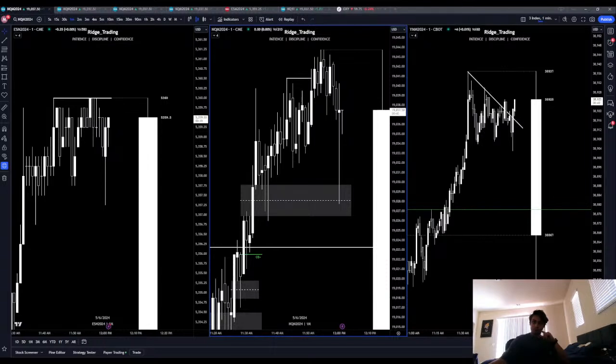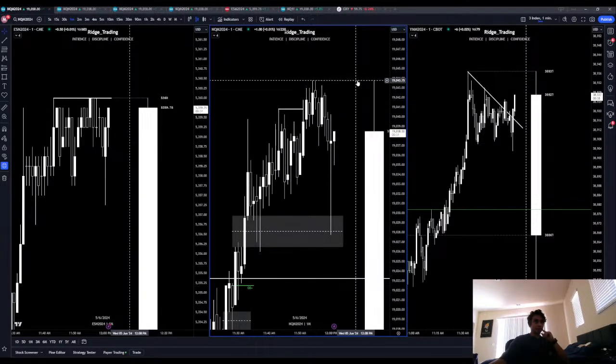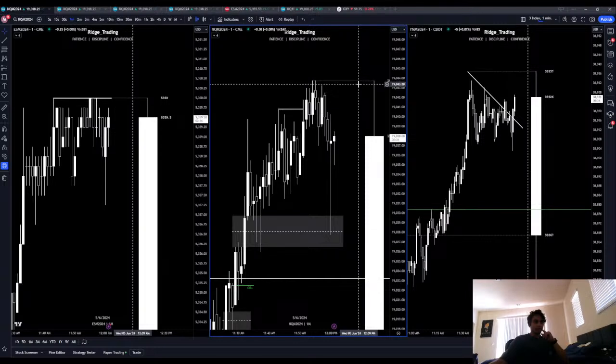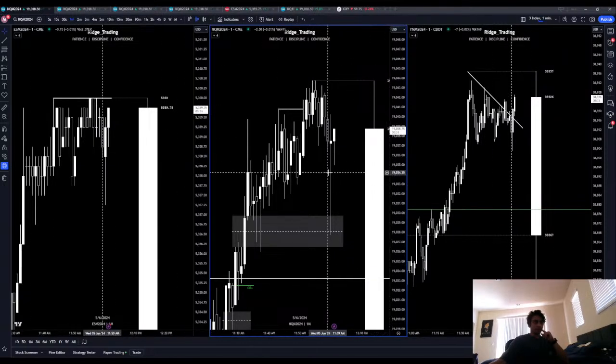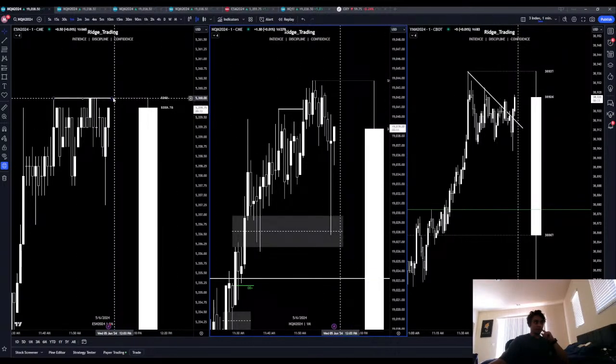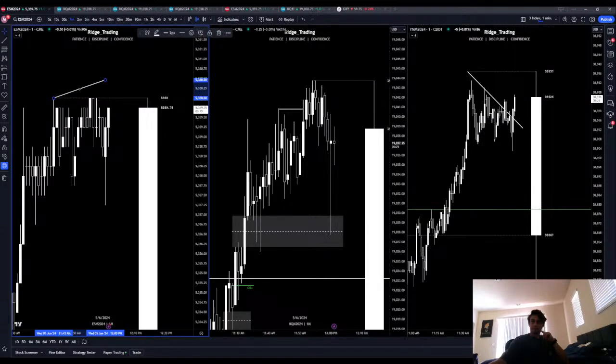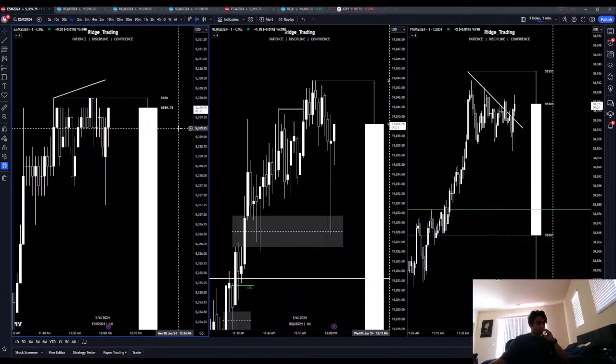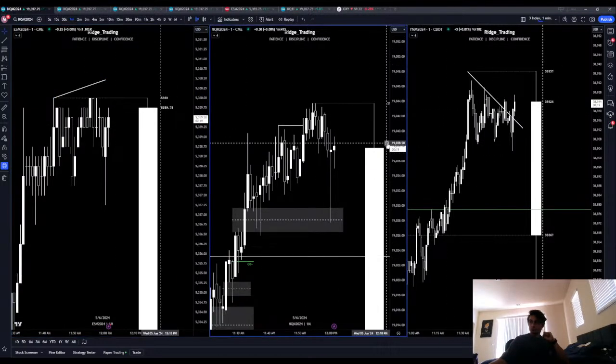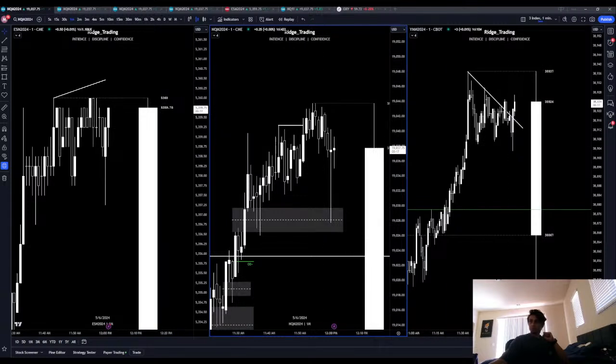Wow. Point away from the target. We'll see if we get it here, or if we get an SMT potentially also. Buy the dip.